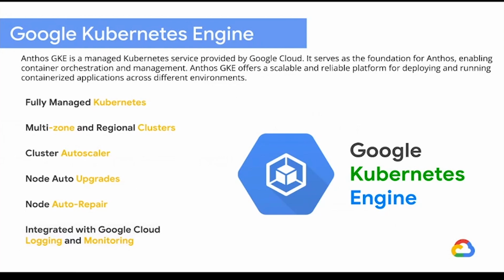You can run Google Kubernetes Engine with all this functionality in different cloud platforms. If you want to host the same kind of Kubernetes cluster in AWS, you can do it. If you want the same thing in Azure or on your on-premises, you can do it. And in those platforms, this is called Anthos clusters.